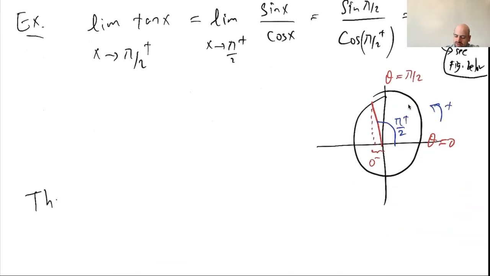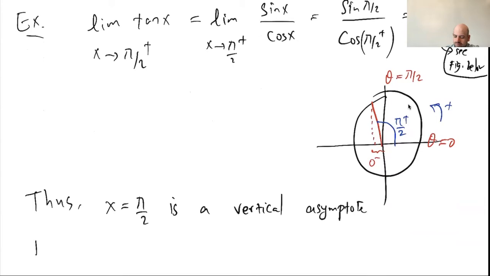Thus, we can say that x equals pi over 2 is a vertical asymptote for y equals tan x.